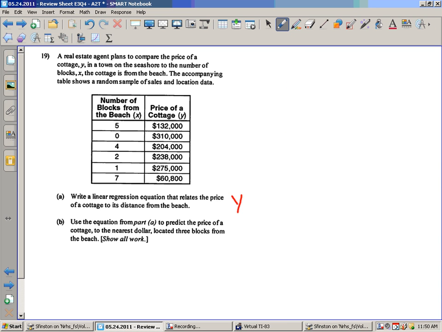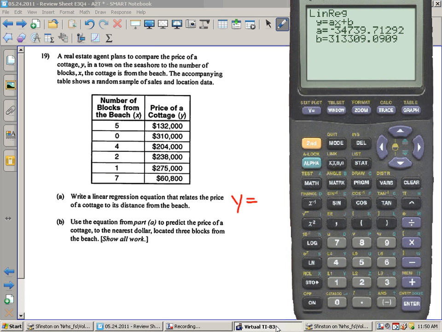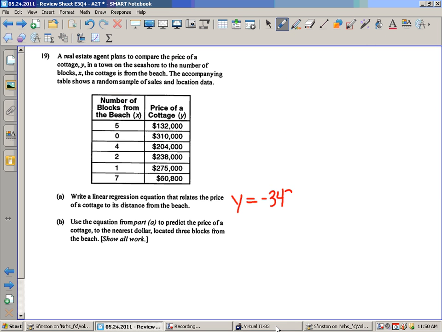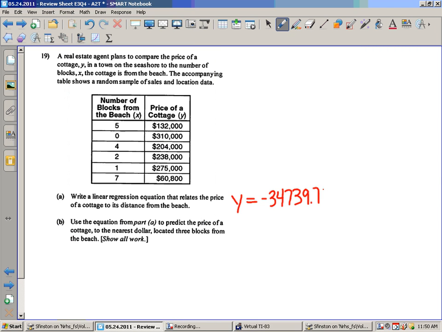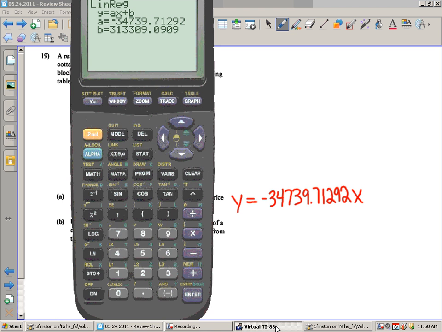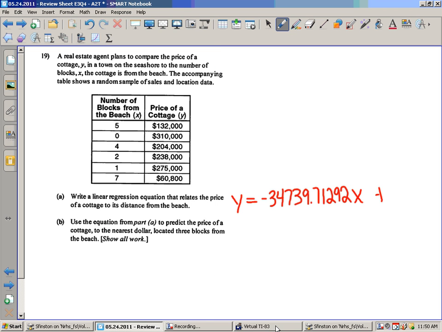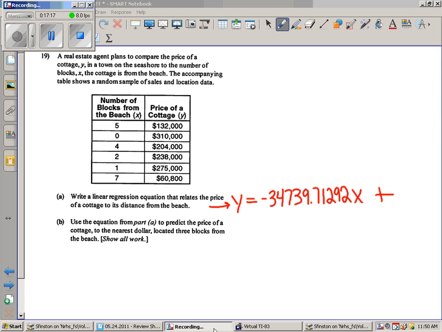So it's going to be y equals negative 34,739.71292 x plus, I'm just going to write it down and come back in a minute. There we go. So that's our linear regression.